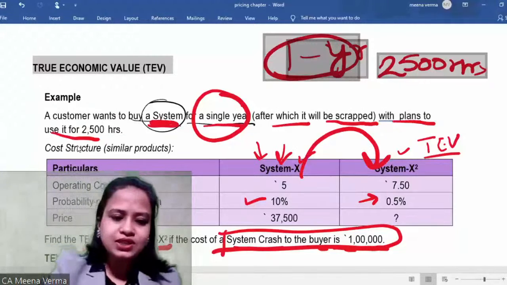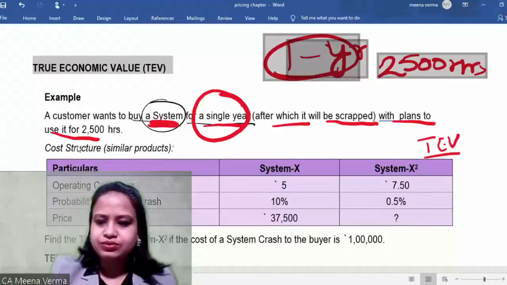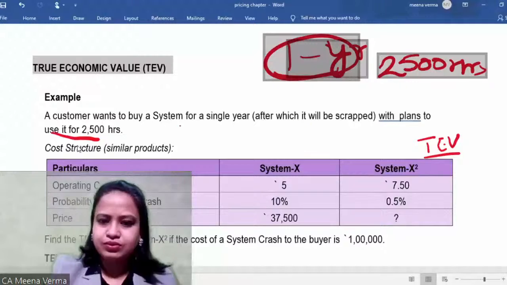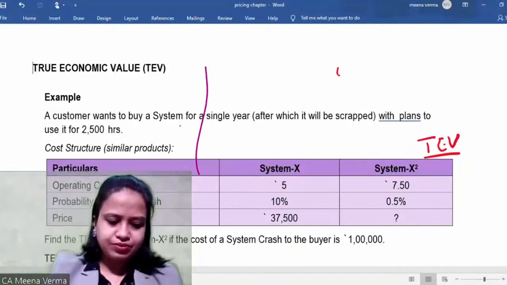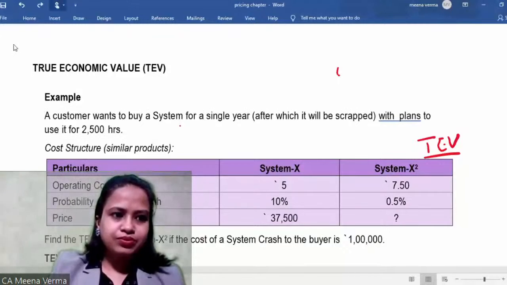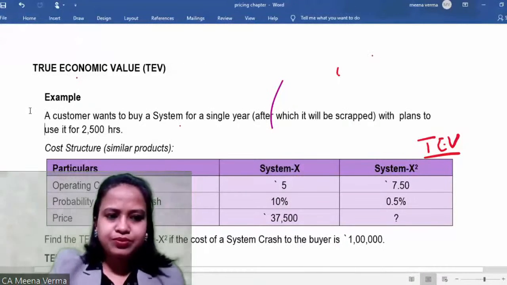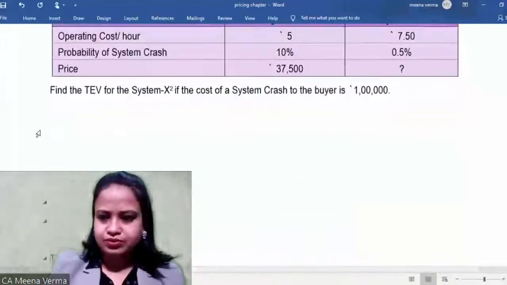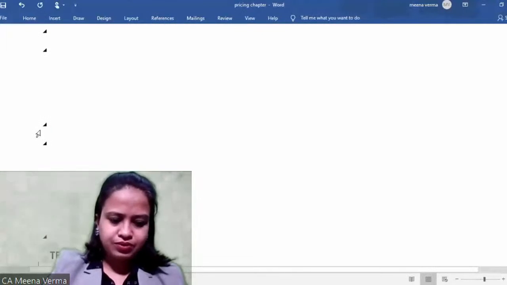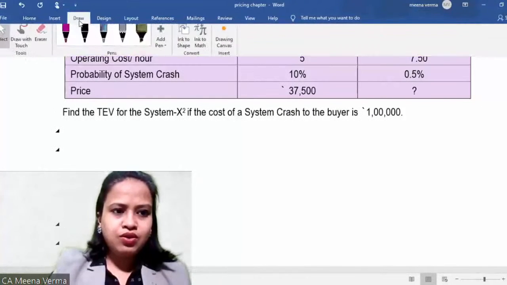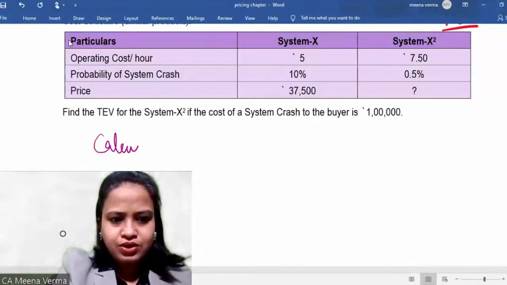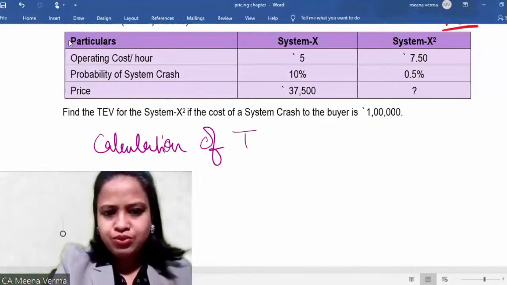Okay, so now let us find out the true economic value here. Calculation of true economic value.